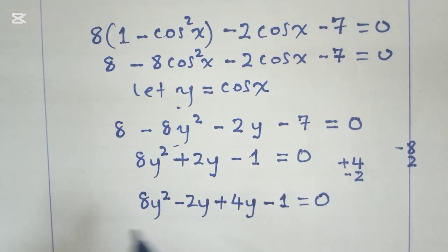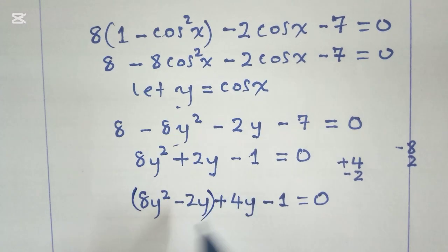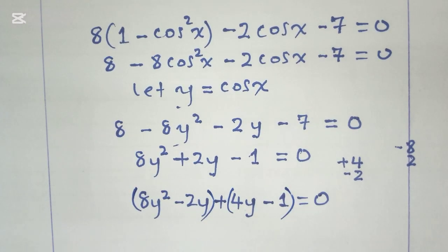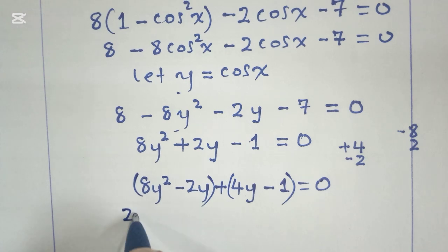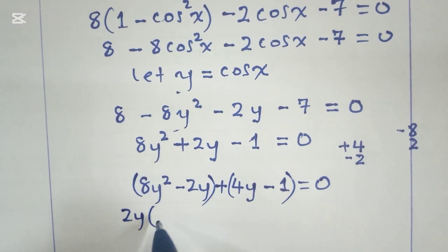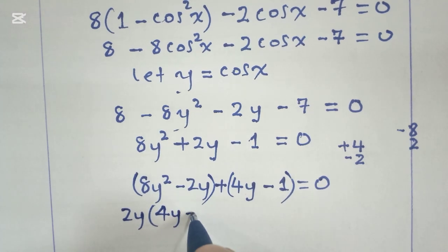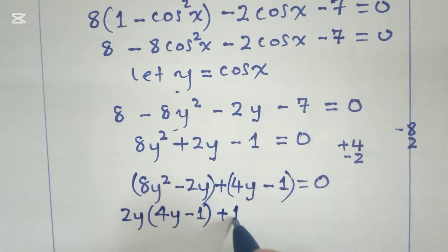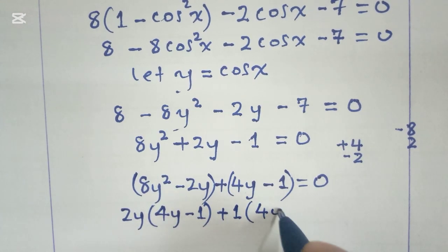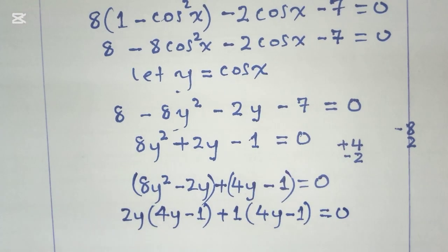So we are on the right track. We can now divide this equation into 2 parts and factor out 2y, leaving 4y minus 1, plus 4y minus 1, which gives us 0.